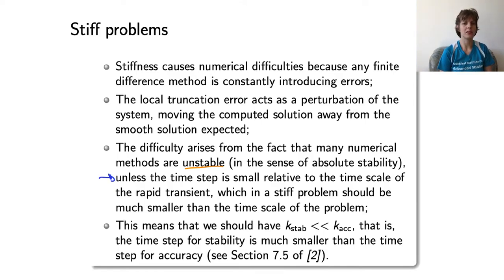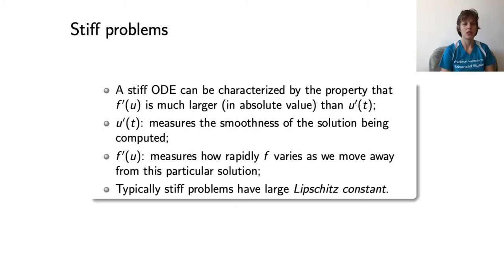So this means that we should have some k for stability that is much smaller than k for accuracy, okay? That is, the time step for stability is much smaller than the time step for accuracy. So you can see section 7.5 from the LeVeque book.